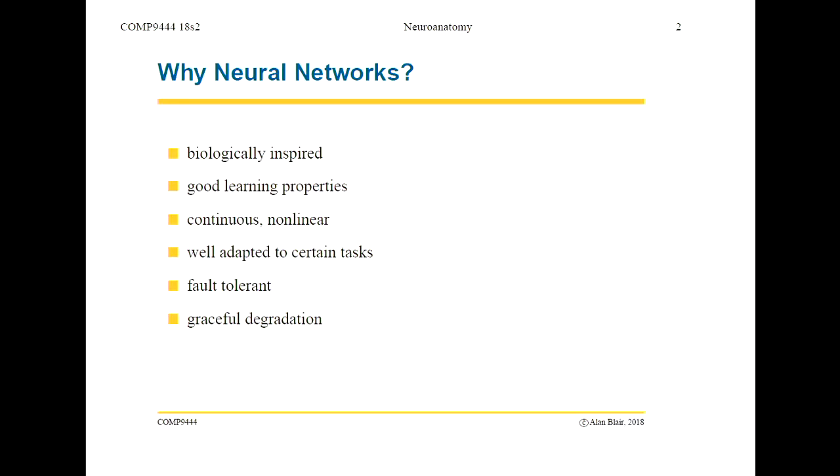So why do we want to study neural networks? Well, partly because they're biologically inspired. They have good learning properties. They're well adapted to certain types of tasks, and they're continuous and nonlinear, so they strike a balance.